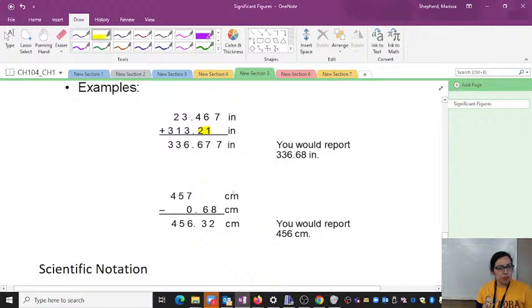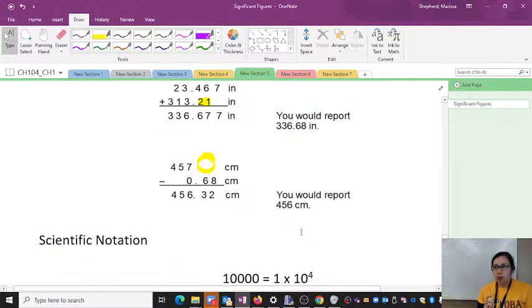This one's a little awkward. We have 457 centimeters, subtract 0.68 centimeters. Punch that into your calculator and you get 456.32, but we have no numbers after the decimal place, so we just have to round to 456 centimeters.